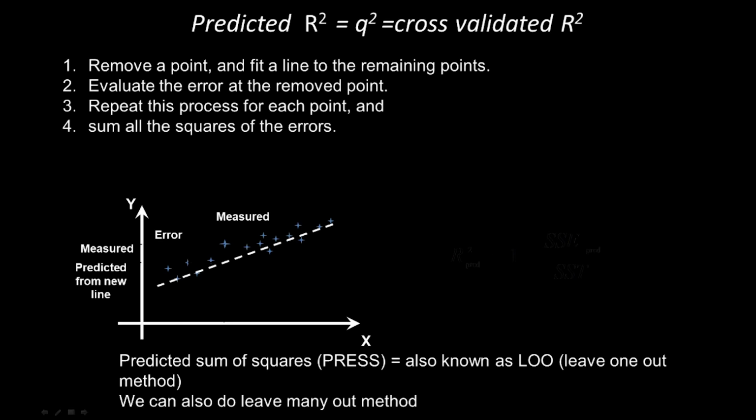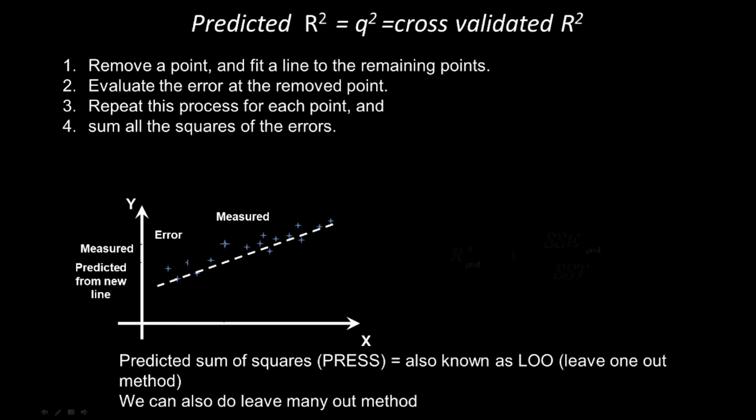Then there is something called predicted R square. Sometimes we use R square predicted, and some people use Q square, capital Q square. This is called cross-validated R square. This is slightly difficult to understand, but let me explain. Suppose we have many data points. When we fit the equation, we get R square.